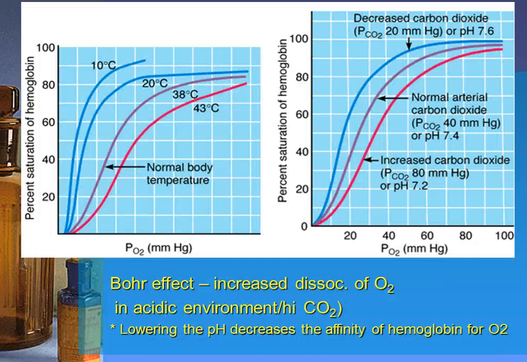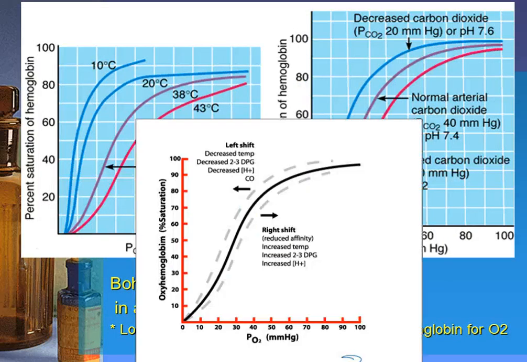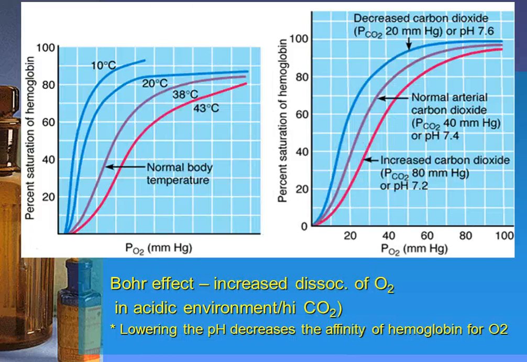Okay. Look at the temperature chart on the left. Here is body temperature at the purple line. If it gets warmer, if your body temperature goes up, you get a shift to the right, and the oxyhemoglobin will start to break down easier.